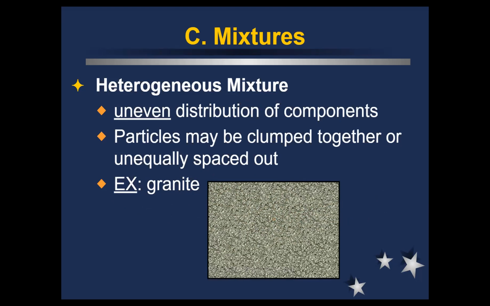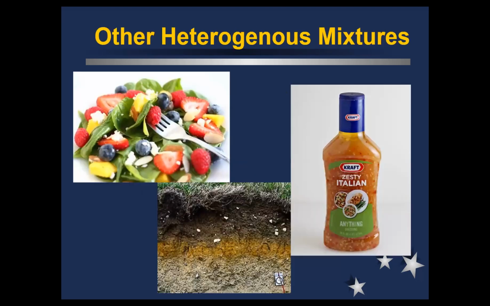So some other kind of everyday examples of heterogeneous mixtures would be something like a salad. When you're eating a salad at home or at a restaurant, not every single bite is going to be the exact same, right? Some bites maybe have more salad dressing than the other one. And one bite you maybe just got spinach, whereas in the next bite, you got a whole bunch of fruit as well as some spinach on there.